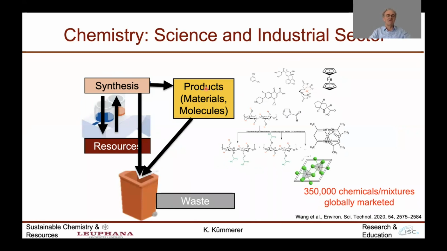chemical science. As a chemist, you probably think about a molecule you want to have here, and then you think about how to synthesize it. Which conditions do I need, which starting materials, etc. Maybe you think of a solvent, and that's it more or less.